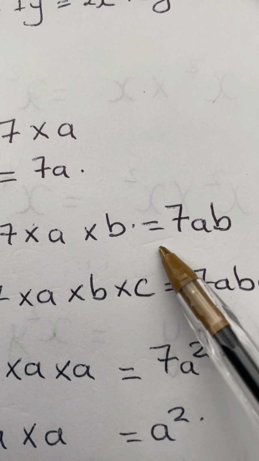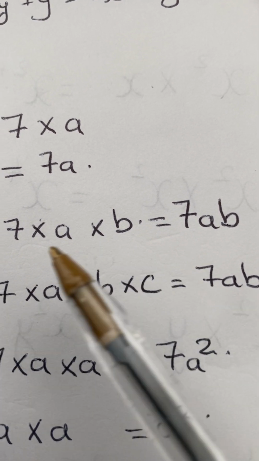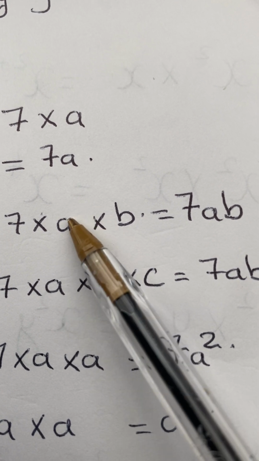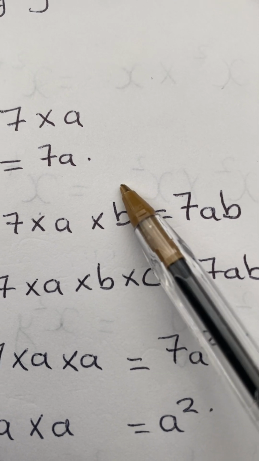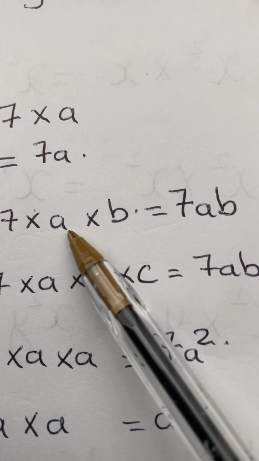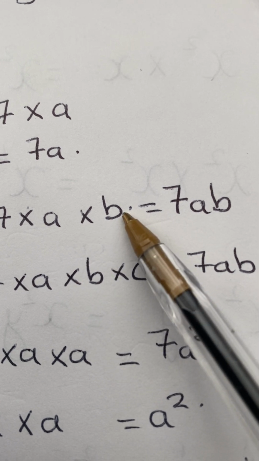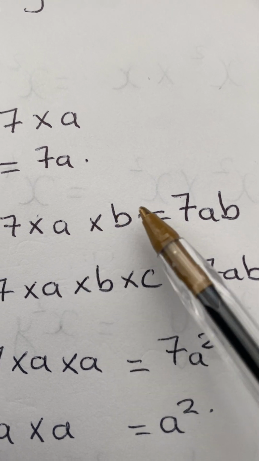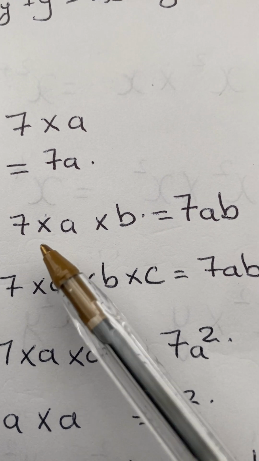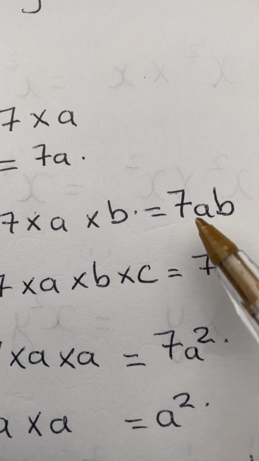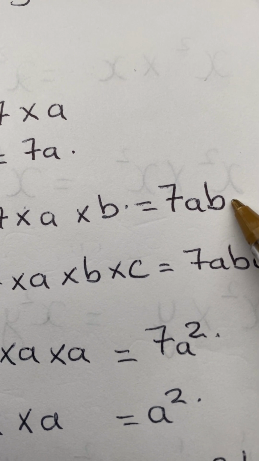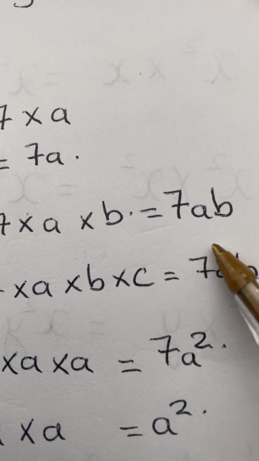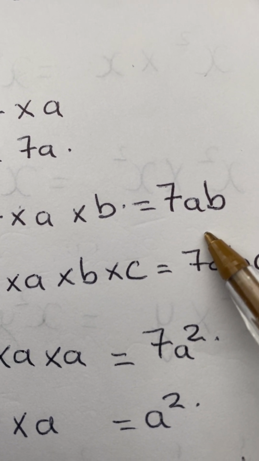But if you are multiplying, assuming a is 1 and b is 2, then you have 7 times 1 times 2. But at the minute, we don't know what a is and what b is. So our answer will become 7ab.